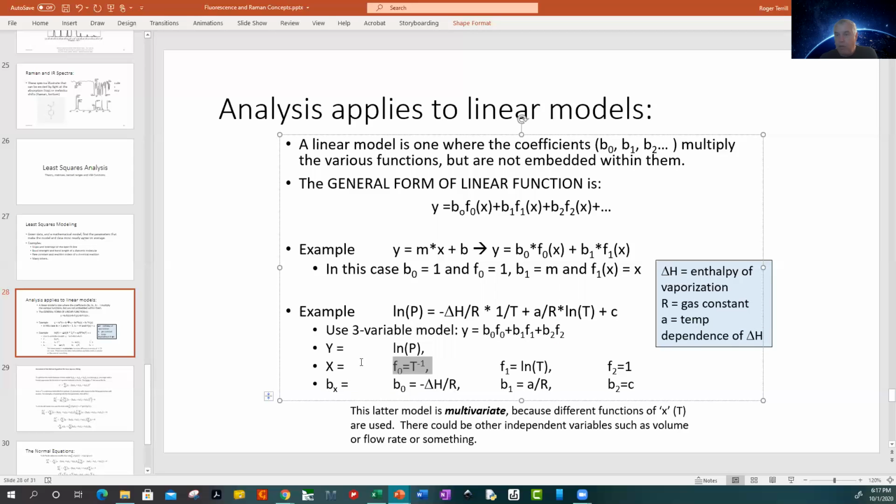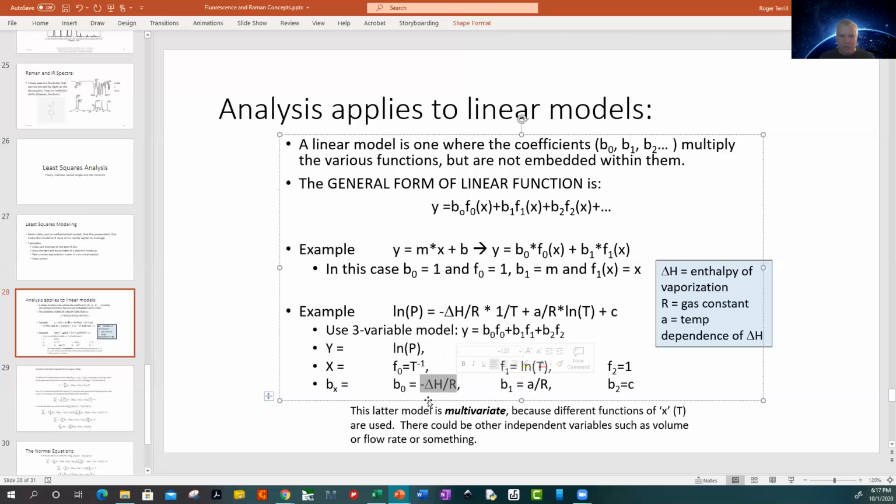So then when you do this least squares analysis, you'll have all these transformed data, and when you do the LINEST, or however you do that, the B0 value that pops out of the model will be minus delta H over R, right?